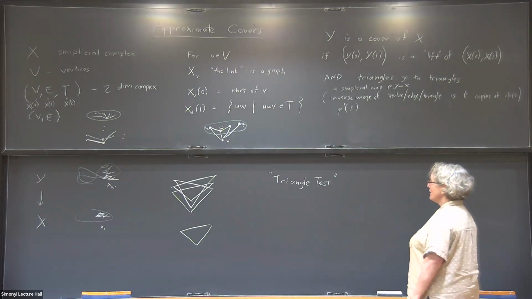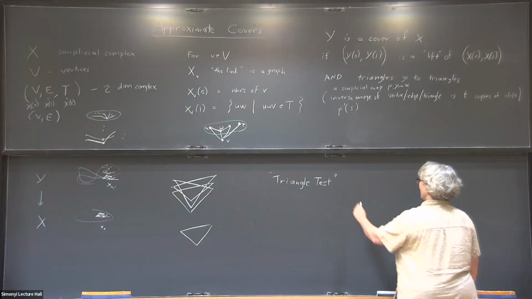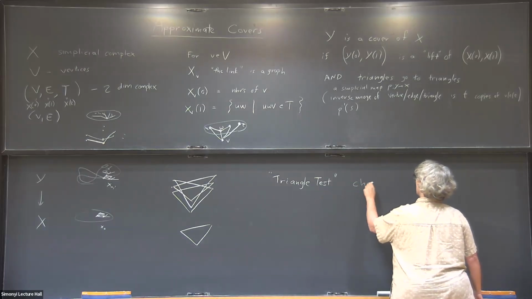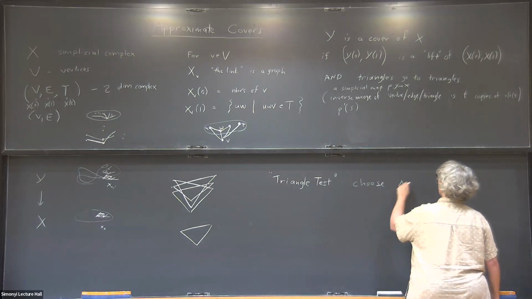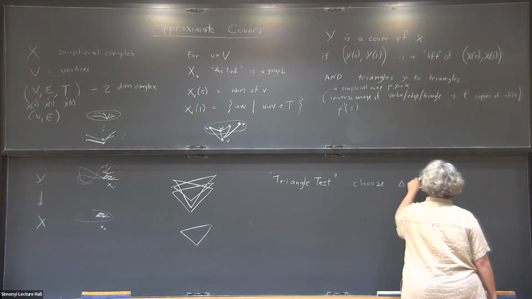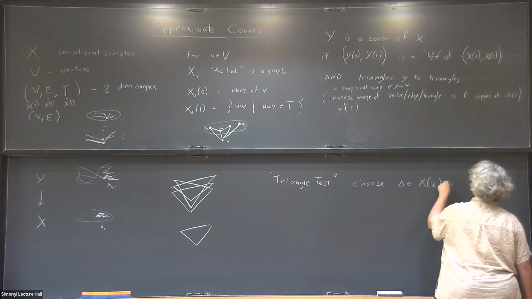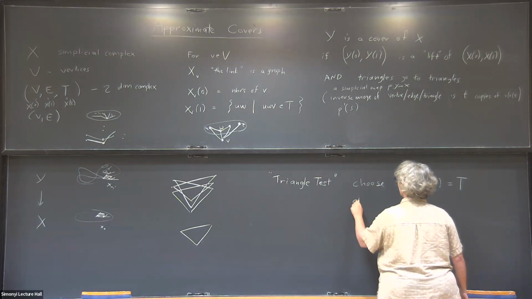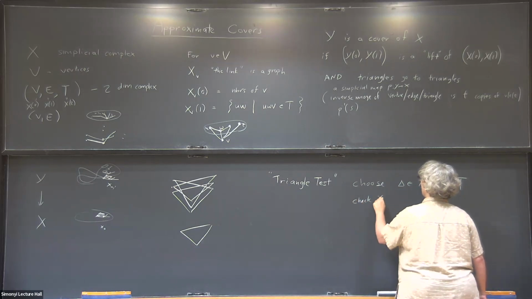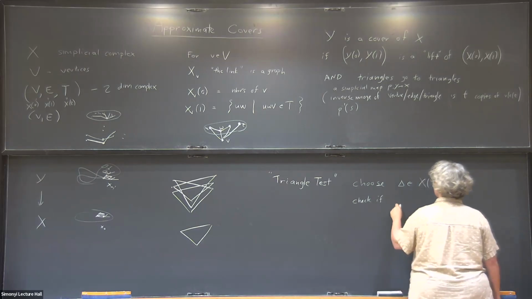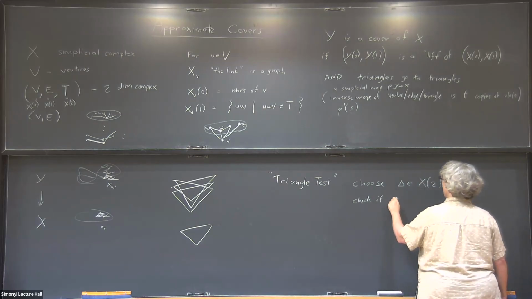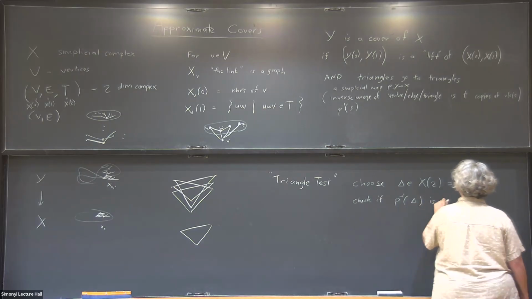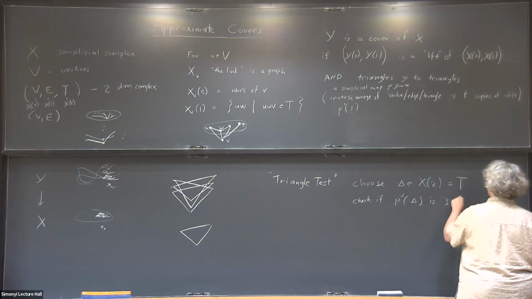The triangle test is, okay, choose some triangle in the triangles of X, in X2, let me say. We called it also T. And then check if the pre-image, P inverse of this triangle, is three distinct disjoint triangles.